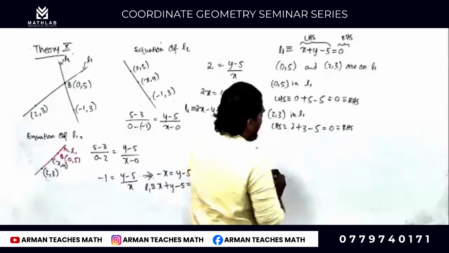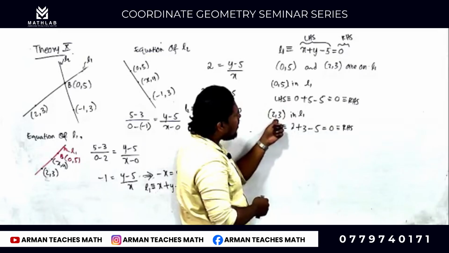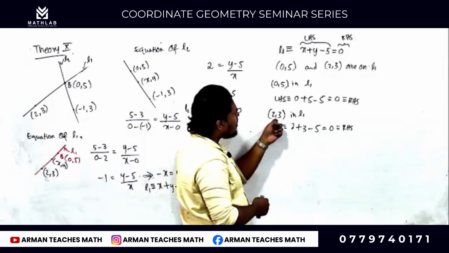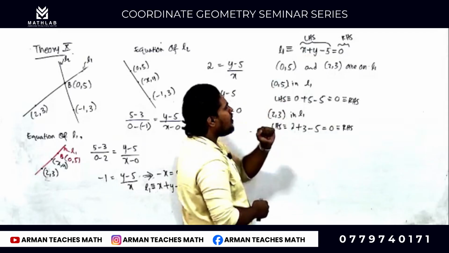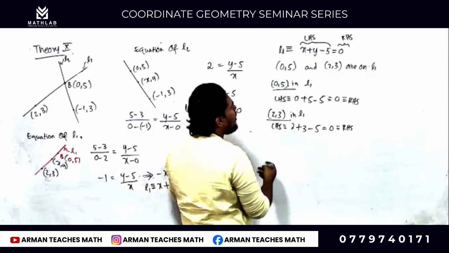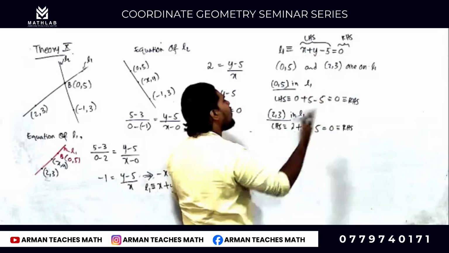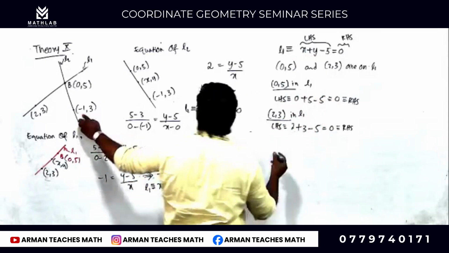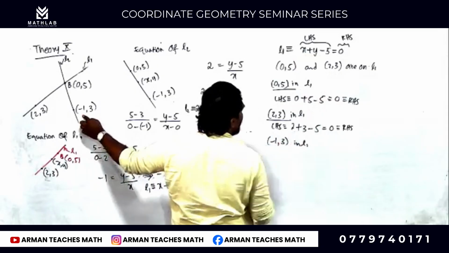Again, if you substitute the coordinates of a point on the straight line into the equation of the straight line, it satisfies it. To verify this, let's try to substitute a coordinate which is not on that straight line, but from a different straight line. Let's try to substitute minus 1, 3 in L1.